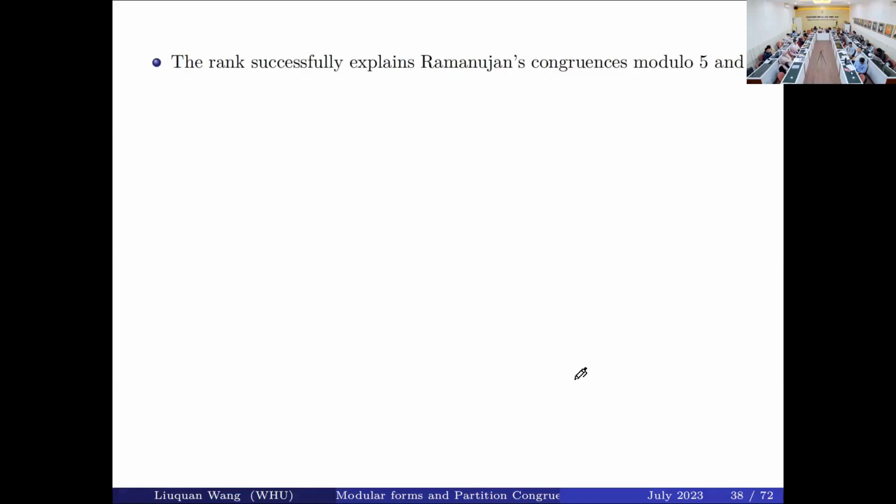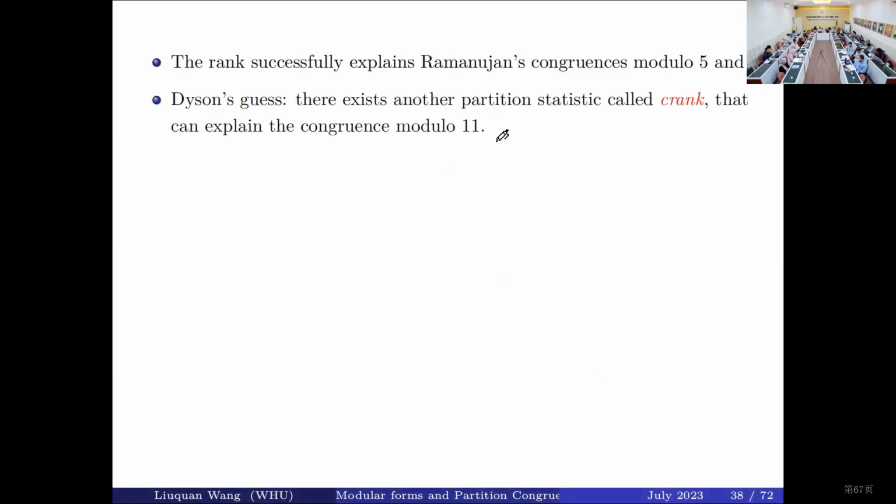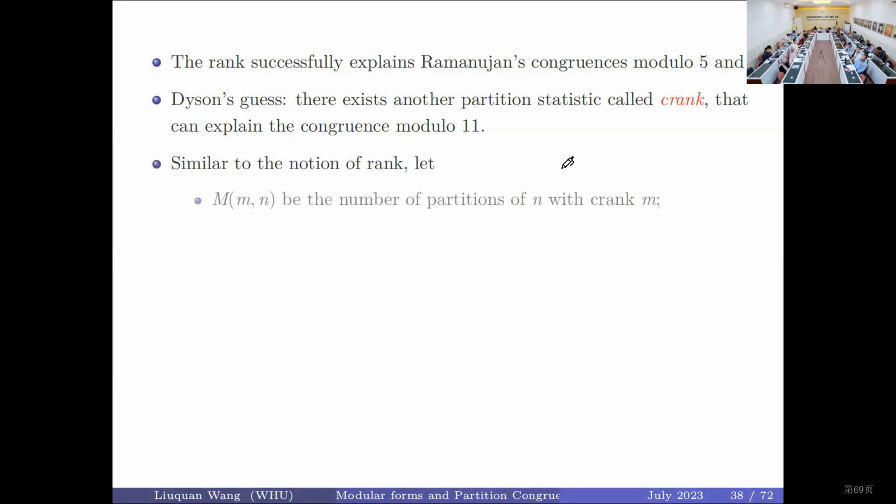However, it does not explain the partition congruence modulo 11. And Dyson guessed that there exists another partition statistic called the crank that can explain the third congruence. The definition of the crank was only later given by Andrews and Garvan.